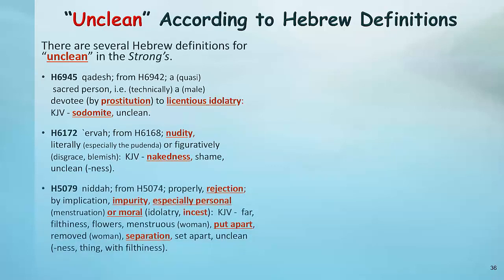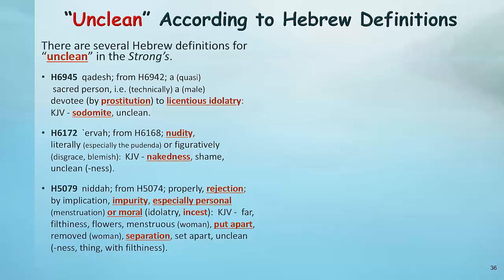It can talk about a sacred person, technically a male devotee, given to prostitution, licentious idolatry, a sodomite is another word in the King James. 6172 is erva, from 6168: nudity, literally or figuratively, disgrace, nakedness, shame, uncleanness.